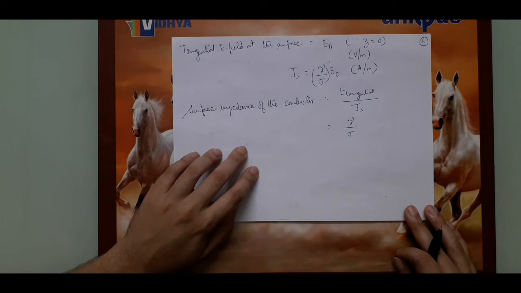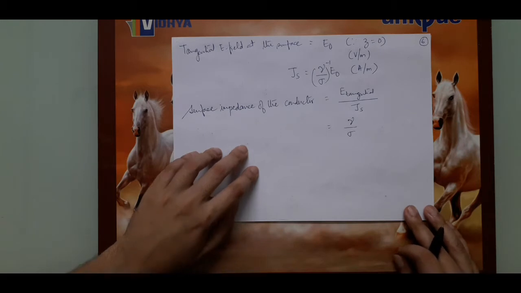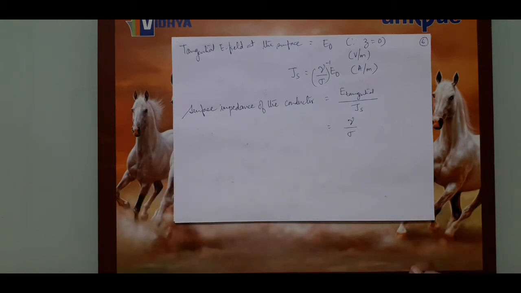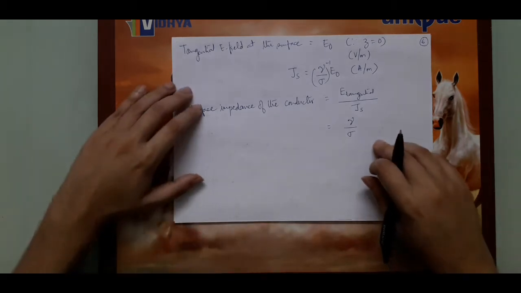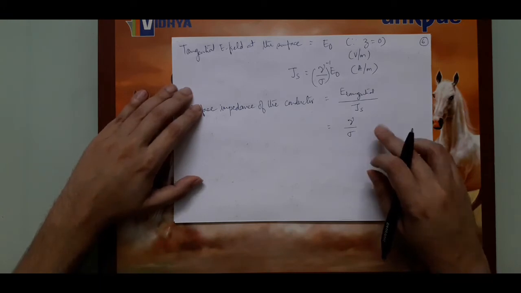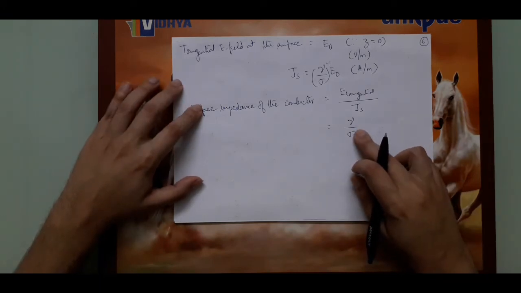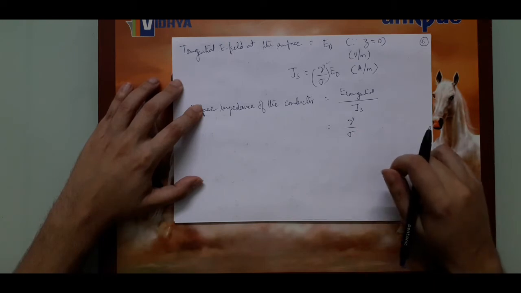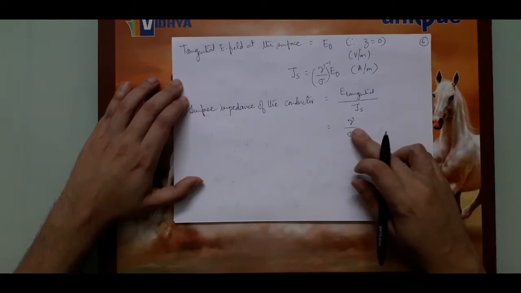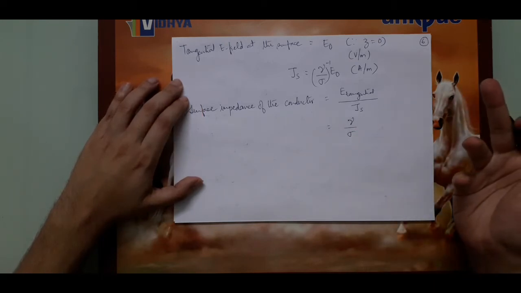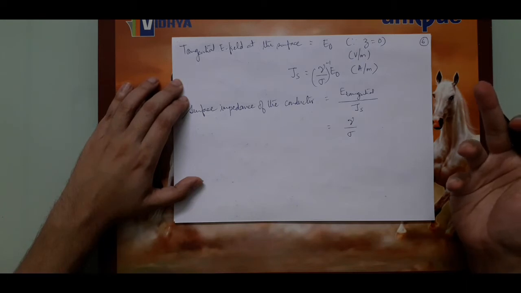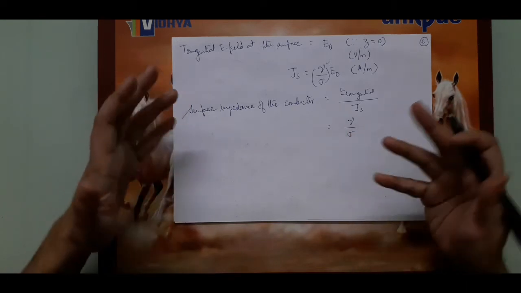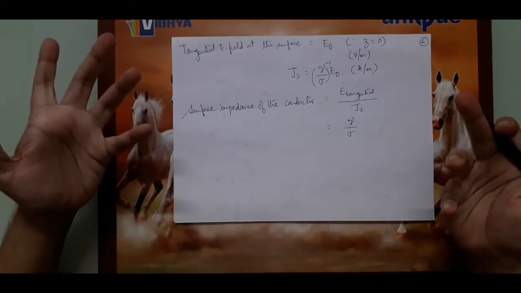Now this we can define as the intrinsic impedance of the conductor. Why? Because the fields are limited near the surface.